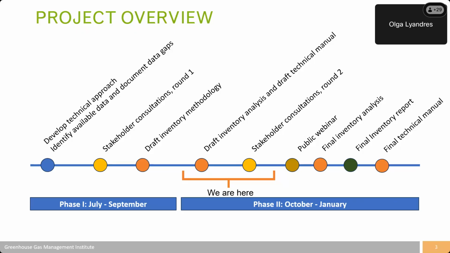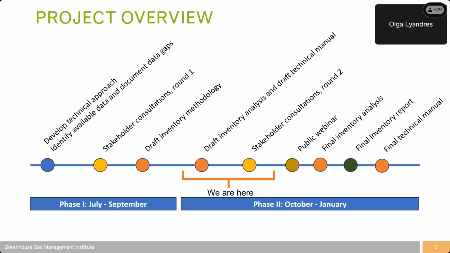And as we're doing that, we have started round 2 of stakeholder consultations to iron out any remaining questions on the methodology, as well as start sharing the preliminary results in weeks ahead.